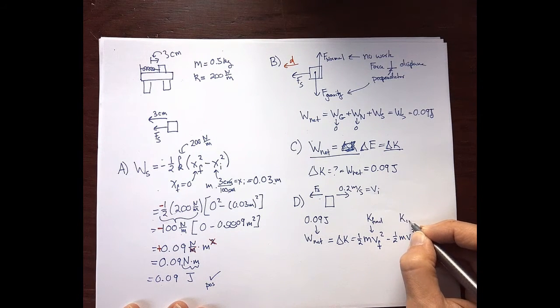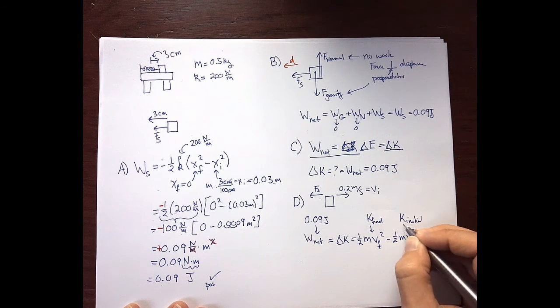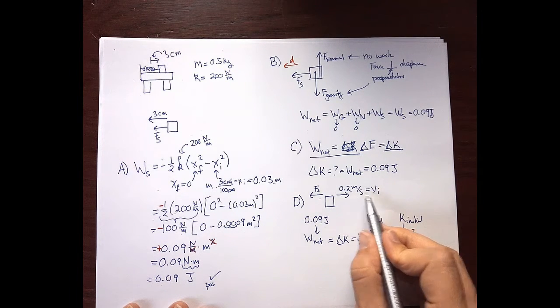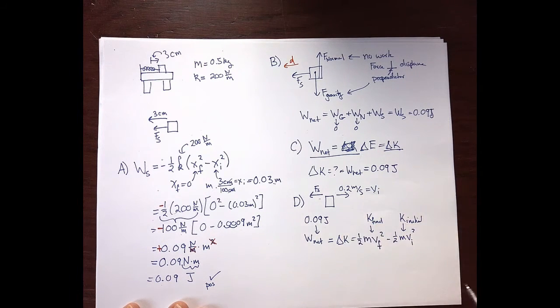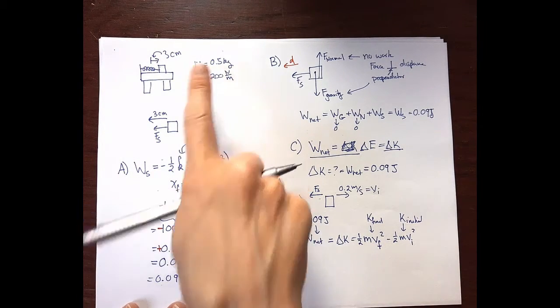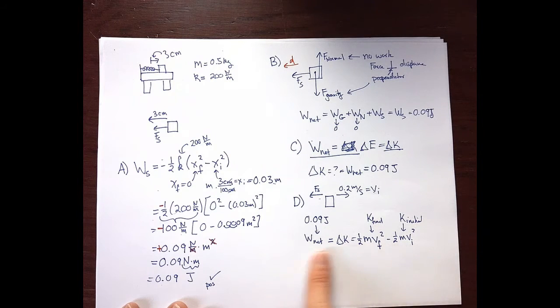That's the initial kinetic energy. And we're told the initial velocity. And we know the mass, it's up here. And we know the net work, so I guess we can go ahead and solve this equation. But let's do it before we plug in the numbers. Let's do it with the symbols.